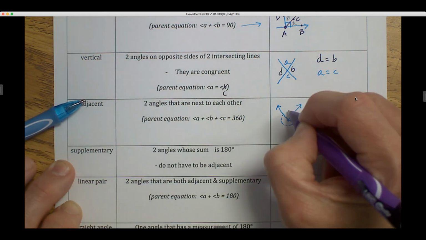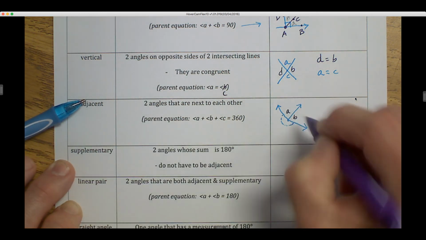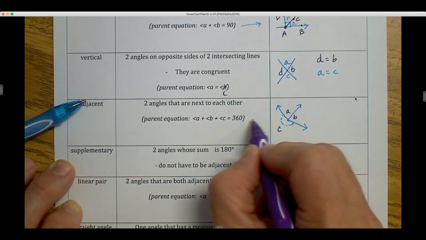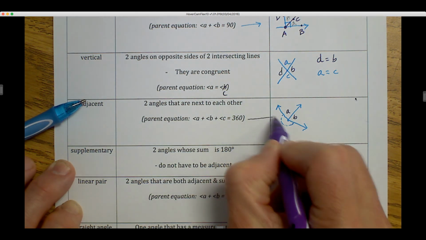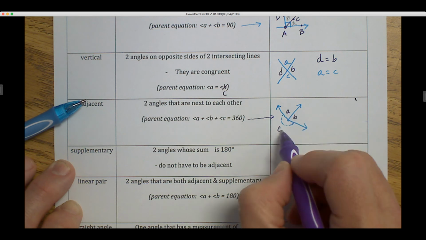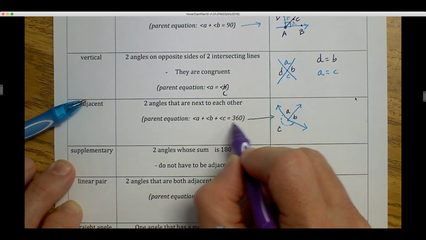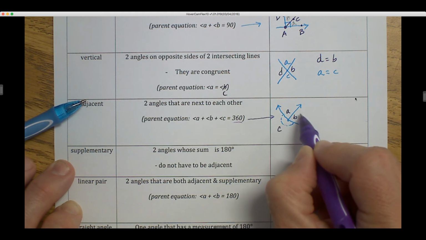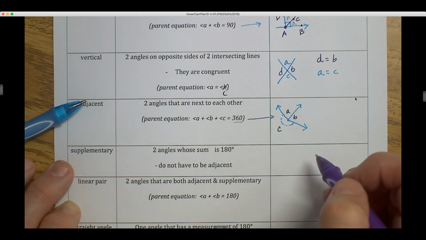So this would be angle A, this would be angle B, and this thing over here would be angle C. So you would get A plus B plus C equals 360, and the reason why it's 360 is because if you were to connect all of these, it would form the shape of a circle.